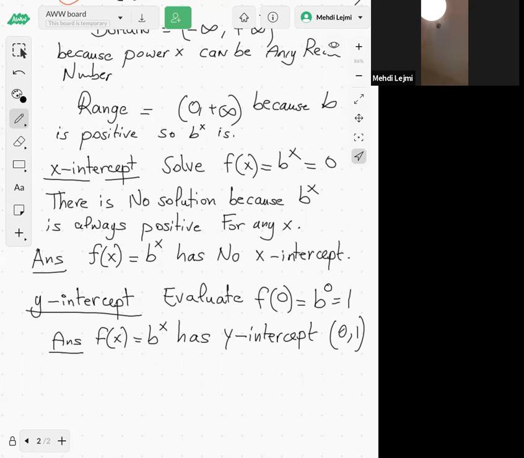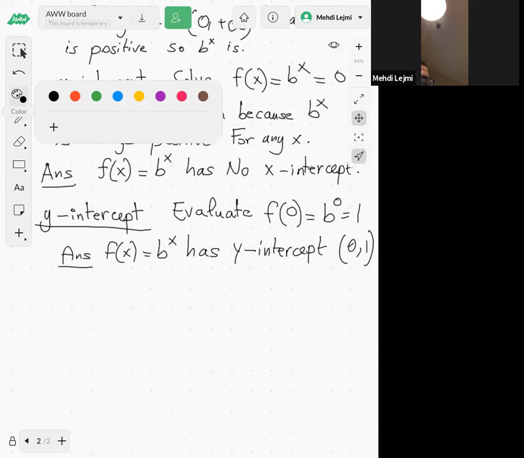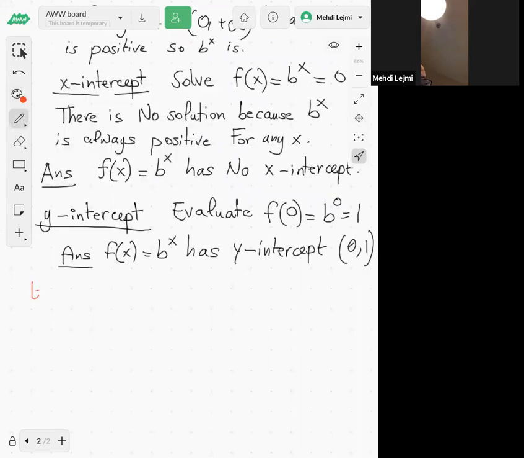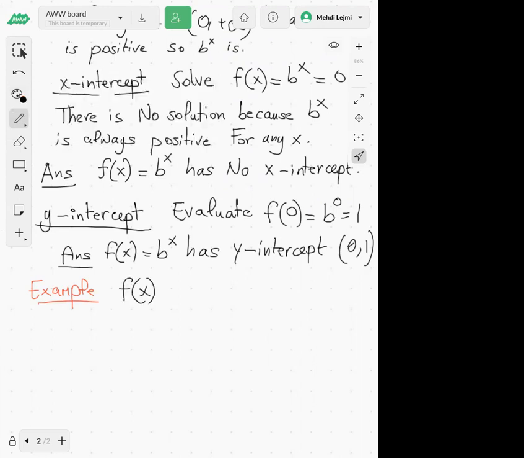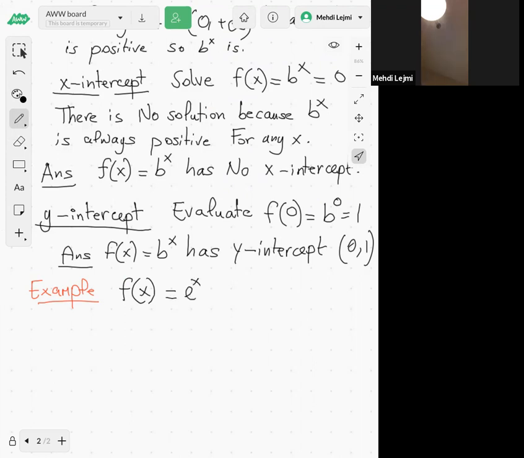If you use all this information to graph the exponential, I'm going to give you an idea about the shape of the graph. For example, if you have e to the x, a special natural number exponential, the graph of e to the x would be like this.